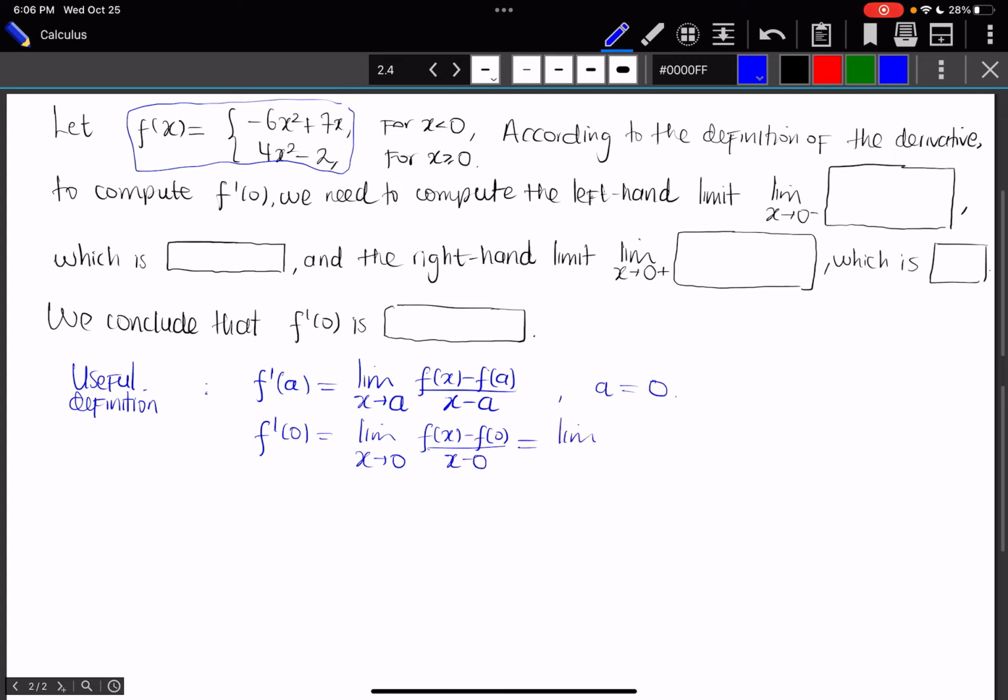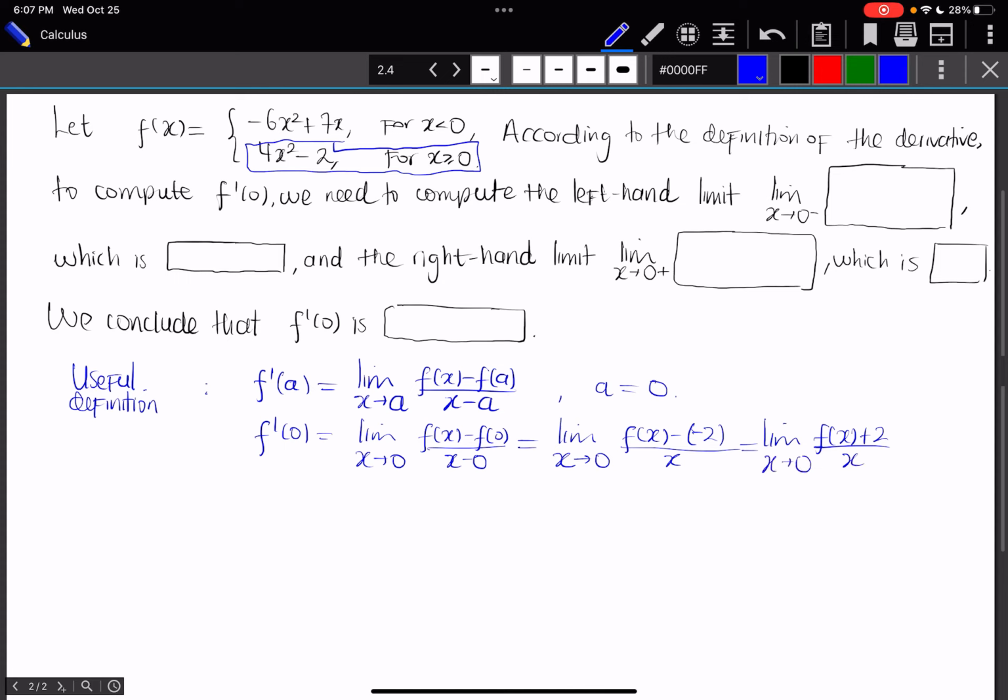And that's the limit as x tends to 0 of f of x minus f of 0, and f of 0 is given by 4 times 0 squared minus 2, because here is where we have the equal sign. So 4 times 0 squared minus 2 is negative 2. And then x minus 0 is x. So what we're doing is the limit of f of x plus 2 divided by x, as x approaches 0.